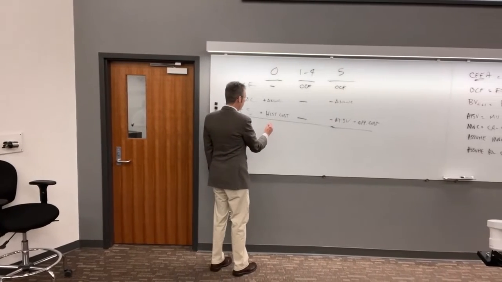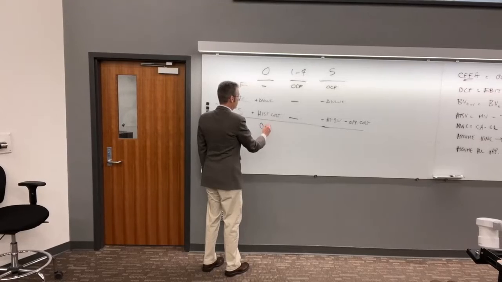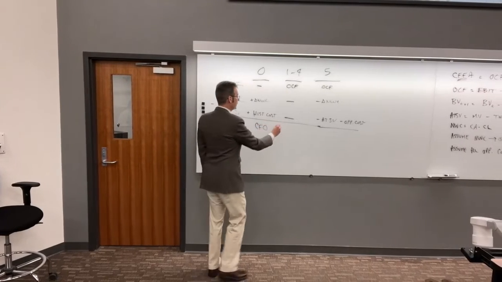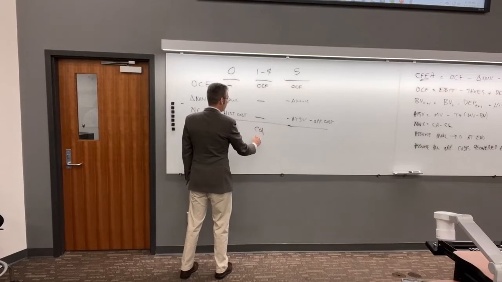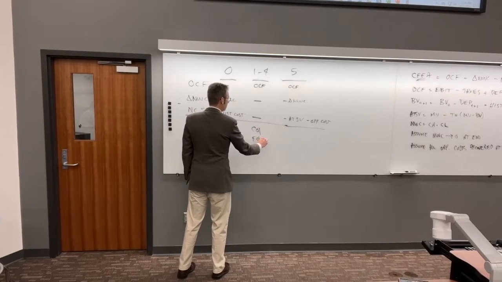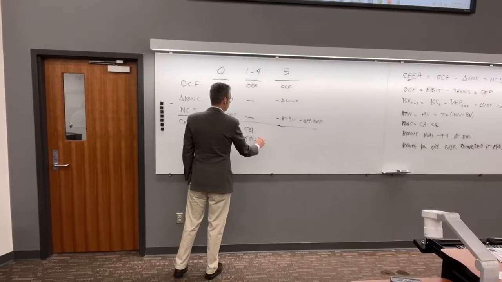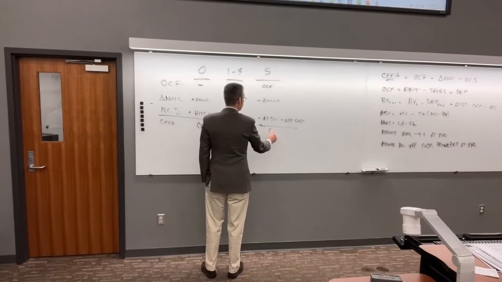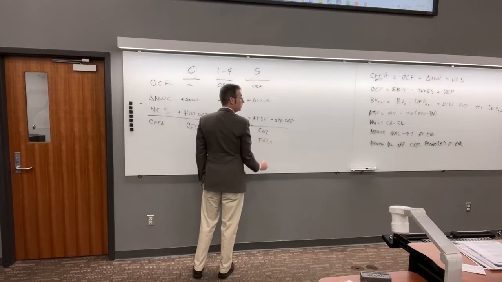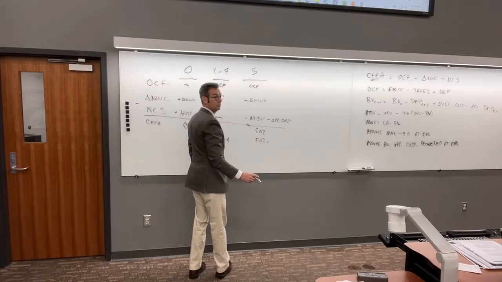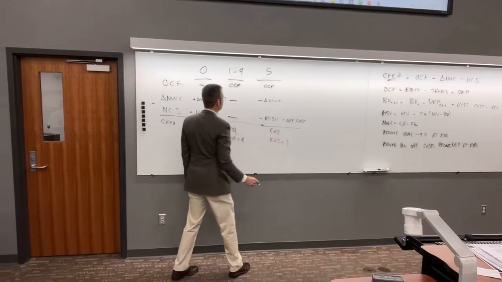So this is going to be CF0. This is going to be C01. And what's F01 going to be? Yeah, because it happens 4 times in a row. And then this one will be C02, and F02 will equal what? 1. Yeah, it only happens 1 time.